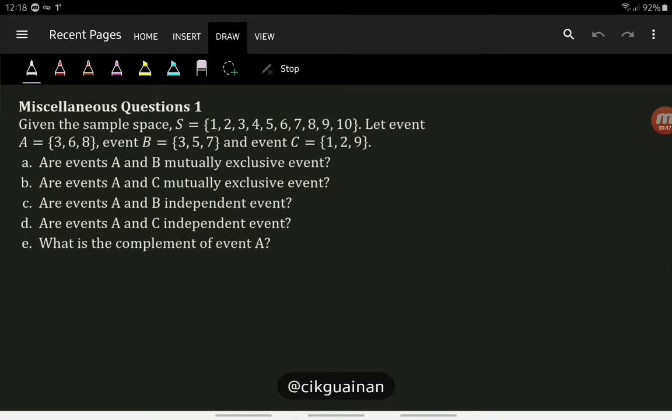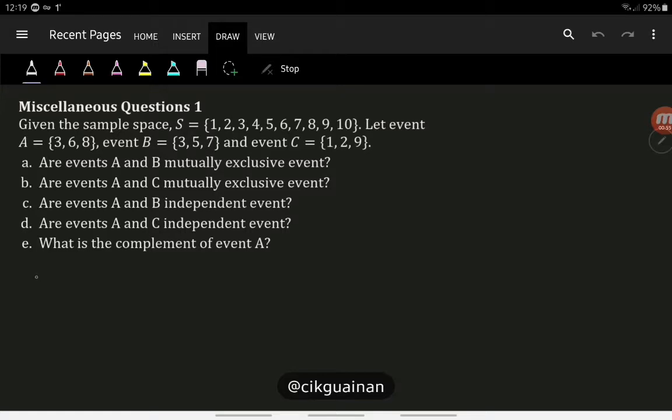We have a sample space given. It's a positive integer from 1 until 10, and then we have 3 events, A, B, and C. The first one is asking about A and B, are they mutually exclusive or not?